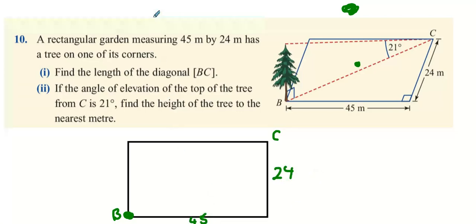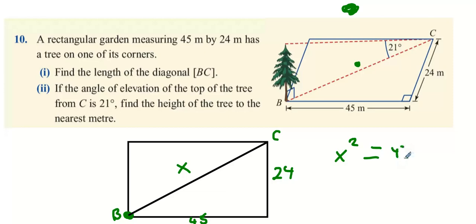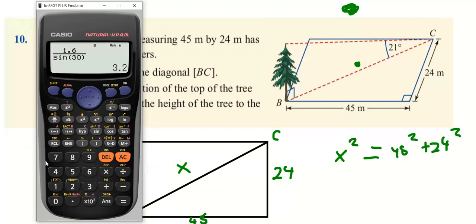Once again, you can find the diagonal of B to C by using Pythagoras' theorem. We'll just call it X. So X squared equals 45 squared plus 24 squared. Once again, just go to the calculator, and you get 2,601.